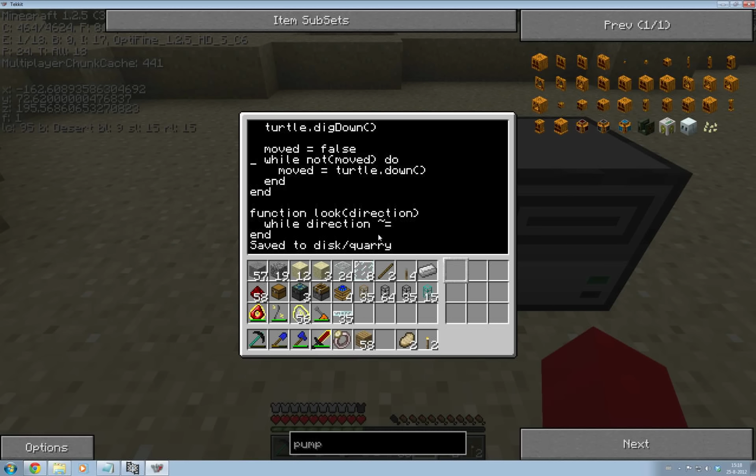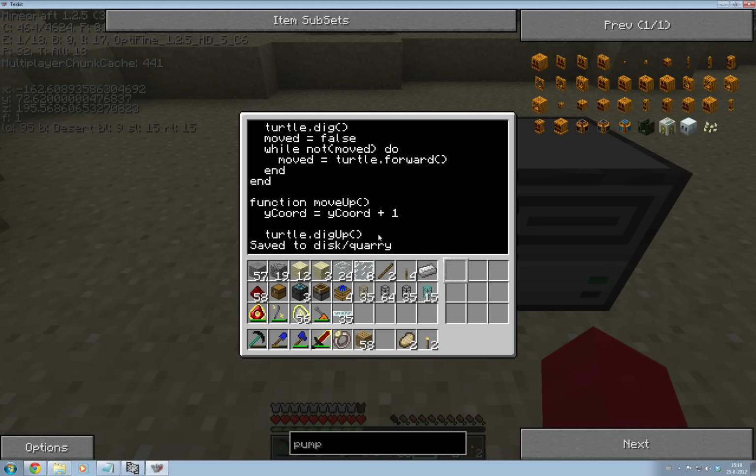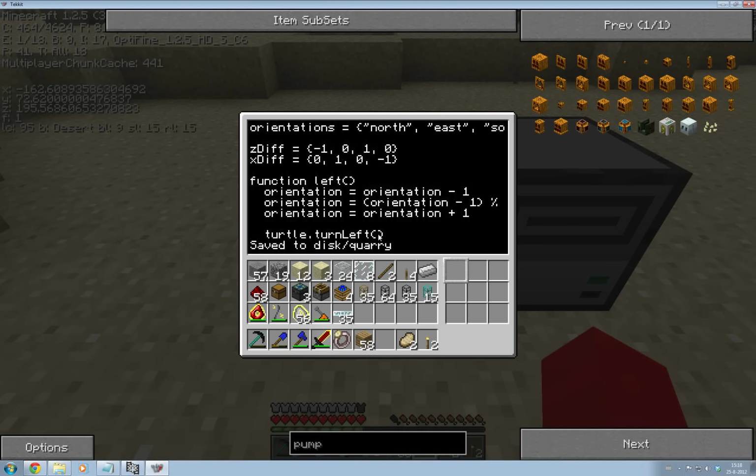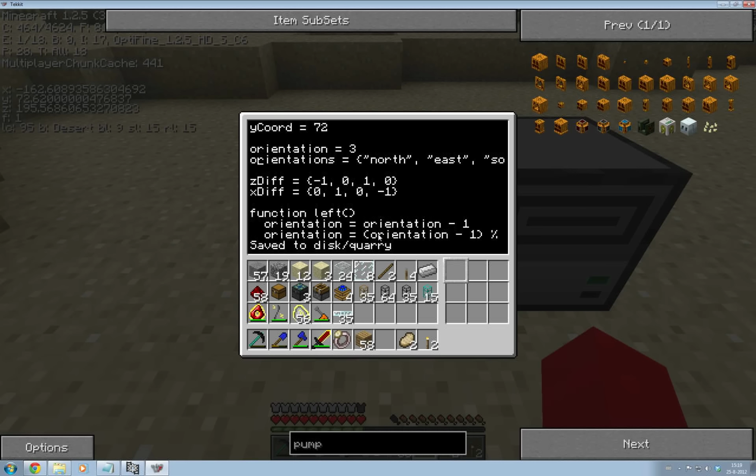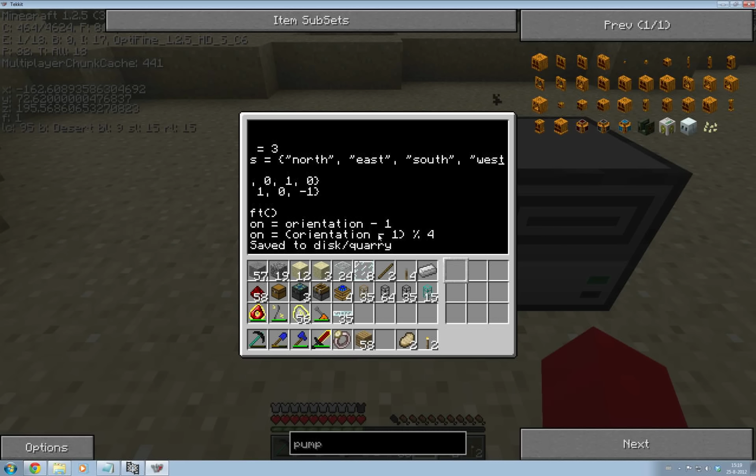So let's see, we have remembered all of our orientations up here in the orientations array and our orientation. So what we can do is look up what our current orientation is by filling in orientation in the orientations array, and we'll get north, east, south or west.